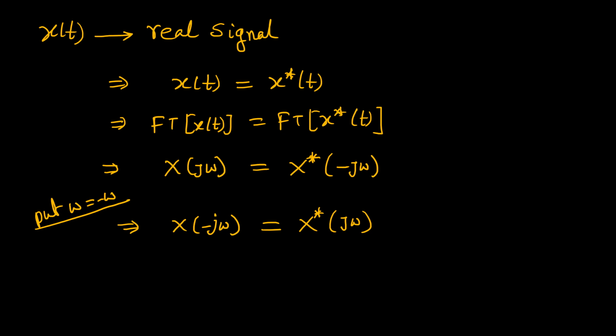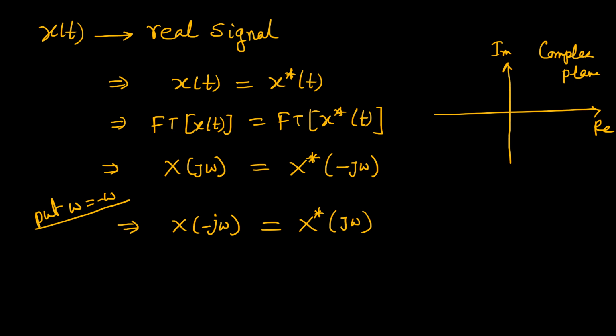right? So what is the indication of this? If I consider this a complex plane, this is the real axis, and this is the imaginary axis. Okay, and there we can plot X of j omega, right? So for omega positive, this axis is real and I am considering it the positive side.